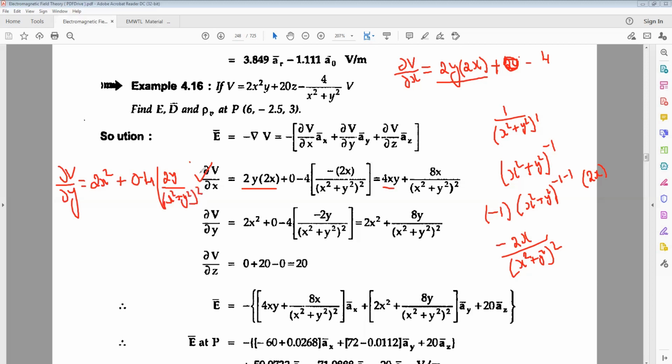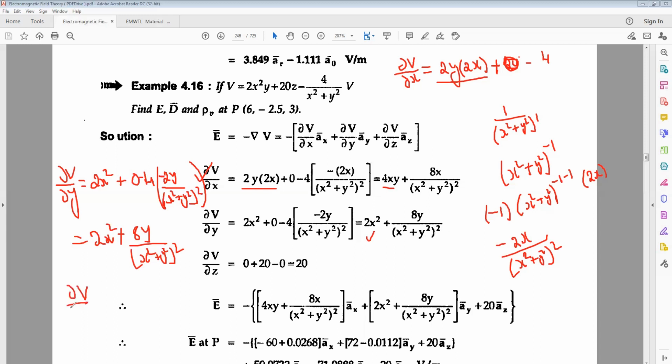Previously that was the x term, here it is the y term. So that is equal to 2x square, and since minus is already there, minus 2 into minus 2y is plus 8y by x square plus y square whole square. So dou V by dou y is 2x square plus 8y by x square plus y square whole square.